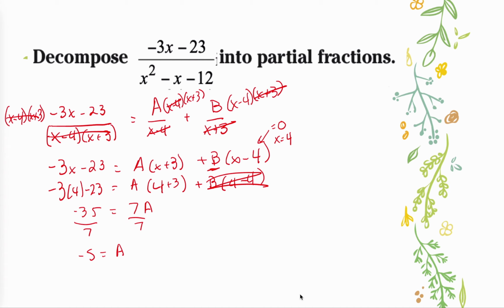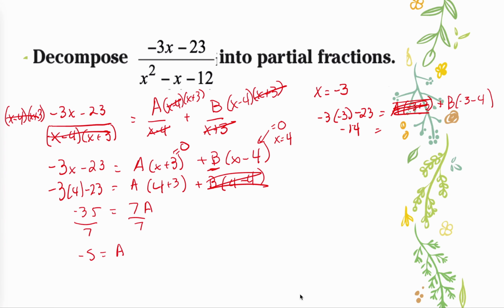Now we do the same thing to eliminate a. We want this to equal 0. So we're going to pick x equal to negative 3. Negative 3 times negative 3 minus 23 equals a times negative 3 plus 3 plus b times negative 3 minus 4. 9 minus 23 is negative 14.